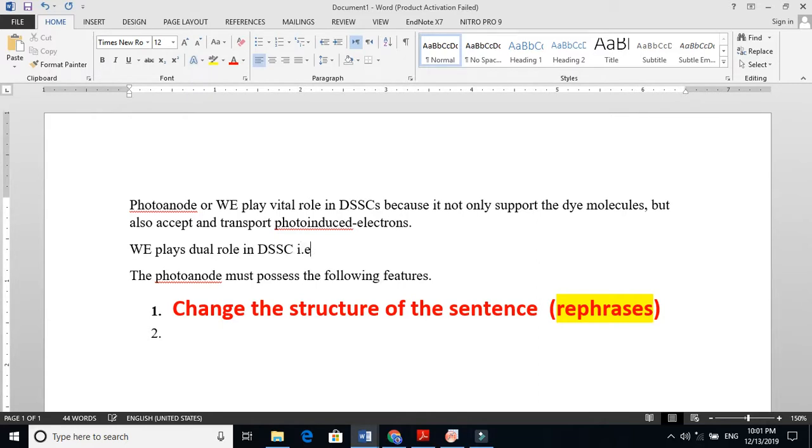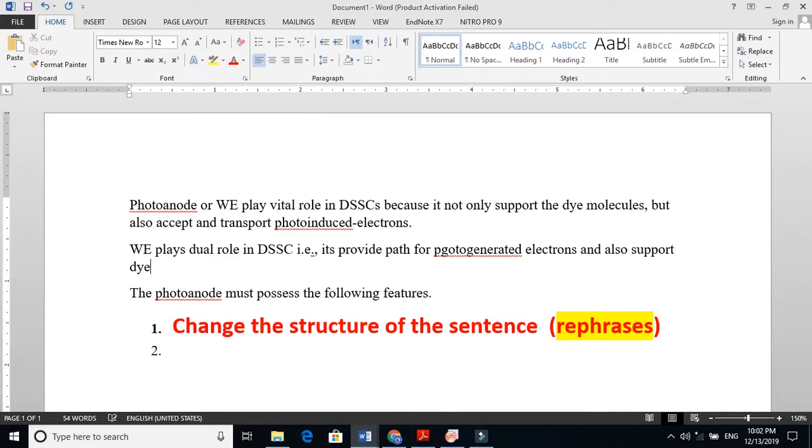That is to say, it provides path for photo-generated electrons and also supports dye molecule.